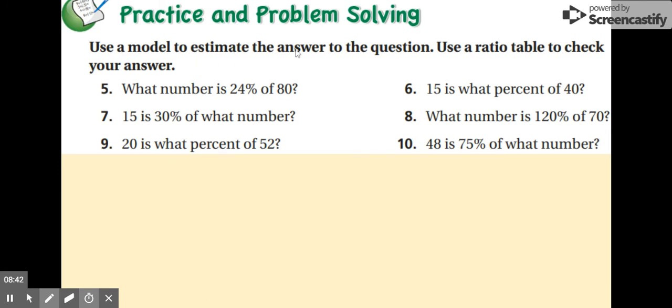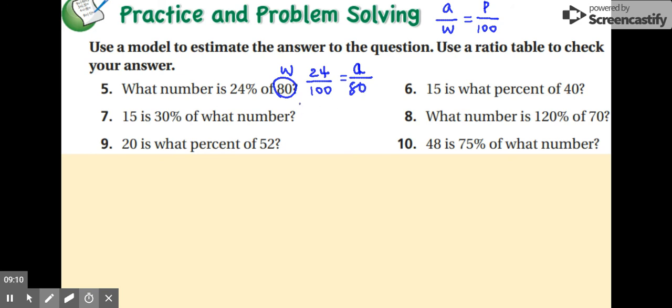Number 5, so we always remember part to whole is percent to 100. What number is 24% of 80? Of 80, the number after of, this is the whole unit. And we're looking for the part out of 80.